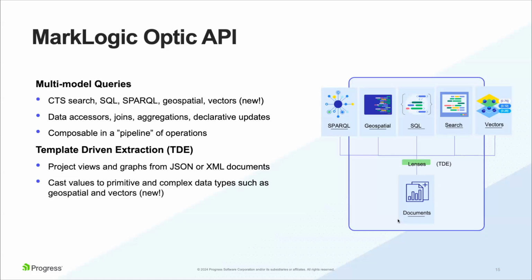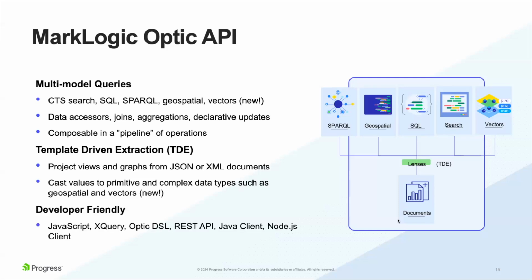You can cast the values that you project out of the documents using a rich language for selecting the data and casting those values into primitive or complex data types, such as geospatial or, in MarkLogic 12, vectors. The Optic API is developer friendly.